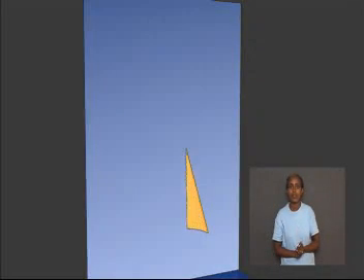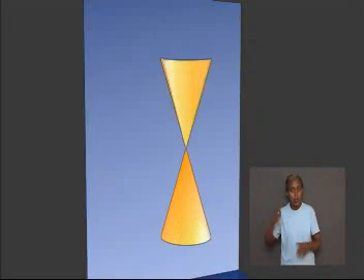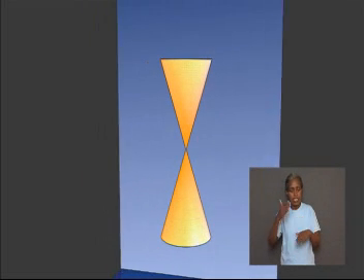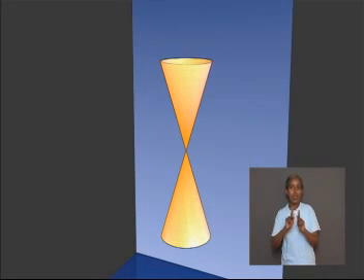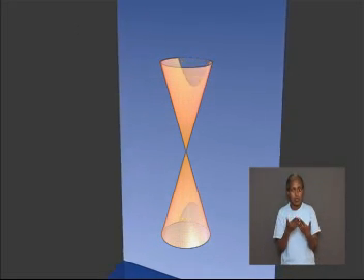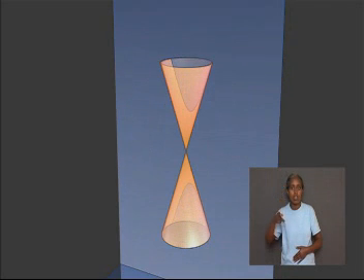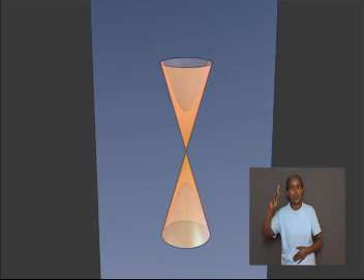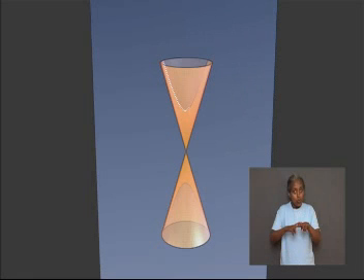A hyperbola is formed when a vertical plane slices through a pair of cones. One simple way to think of a hyperbola is to imagine that two parabolas, opposite in direction, are put on one axis of symmetry.